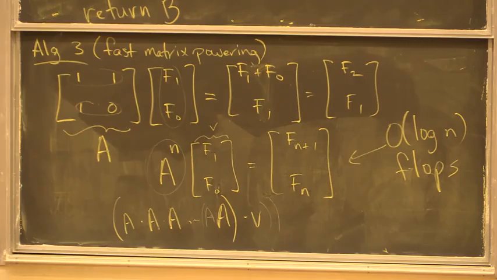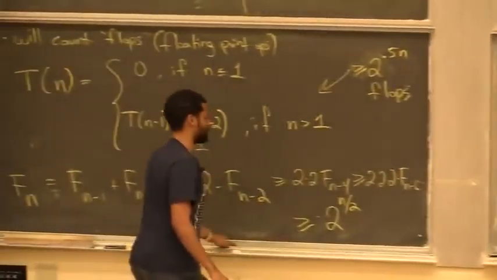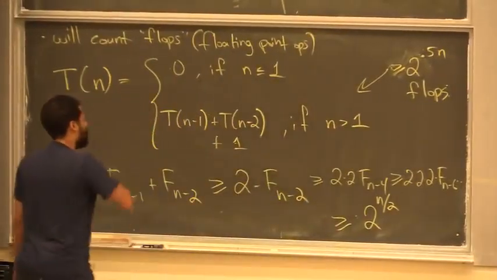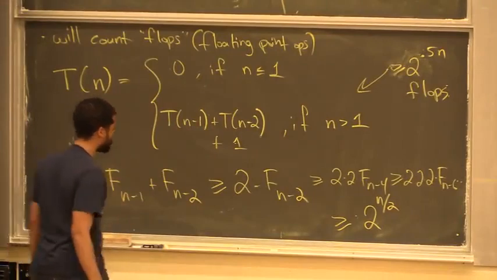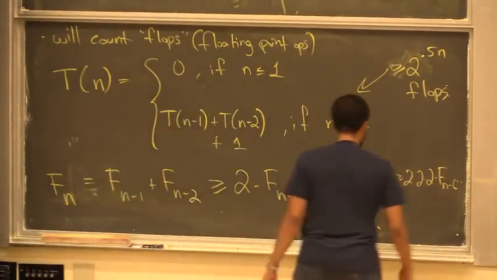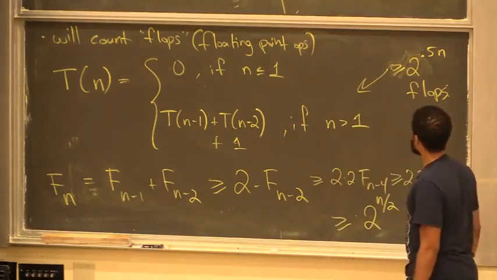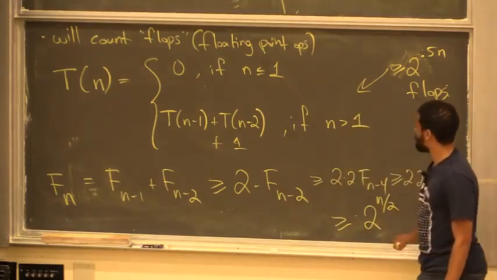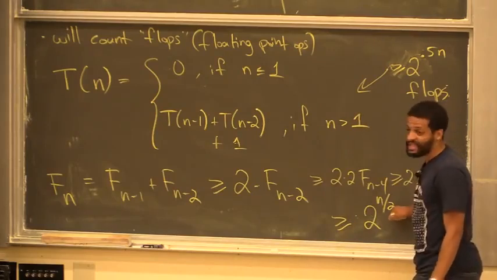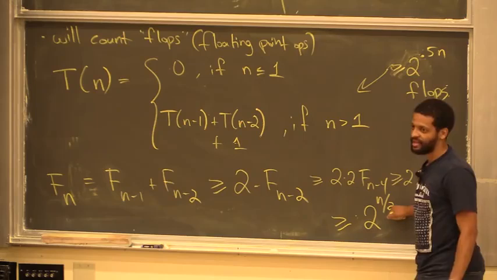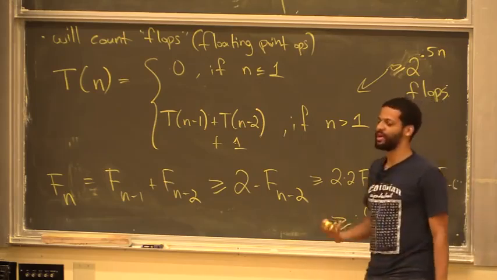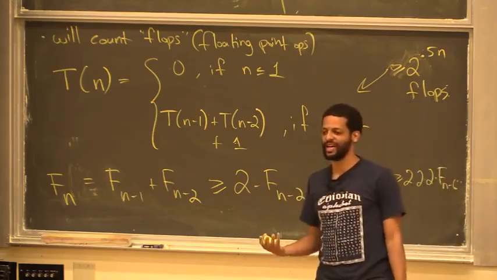So let's try and understand what the runtimes of these algorithms actually are. The first thing that I'll tell you is that this tells us that the nth Fibonacci number is at least exponential in n. It turns out that the nth Fibonacci number is also at most exponential in n.